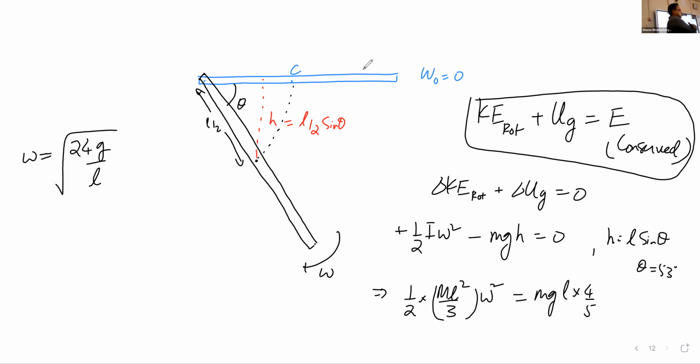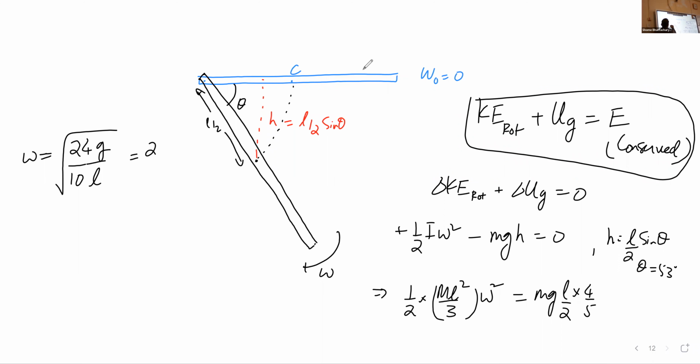Is this correct? So that's L by 2. Sorry, L by 5. Sorry. So this will become L by 10. Yeah. Okay, now is it correct? Okay, so this is 12 by 5.